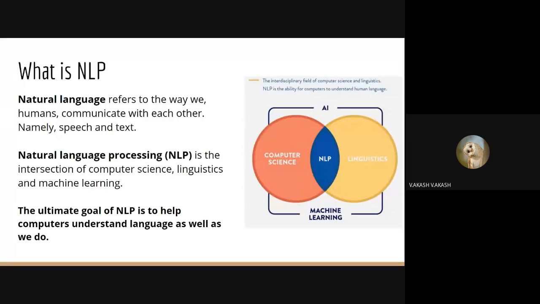Now that we know what natural language is, we need to know what NLP stands for. It is basically a branch of artificial intelligence wherein we use artificial intelligence to communicate with an intelligent system using natural language. So the ultimate goal is to help computers understand our language as well as we do.